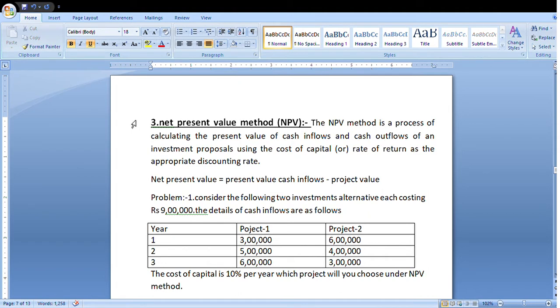Today's topic of lecture is the net present value method. This is one of the methods of capital budgeting.